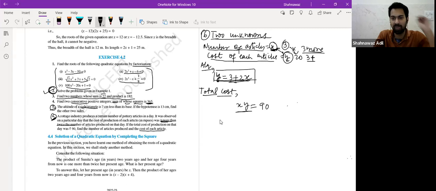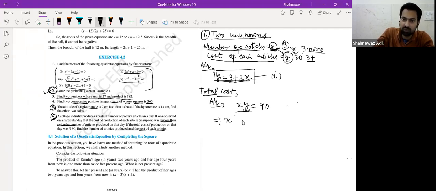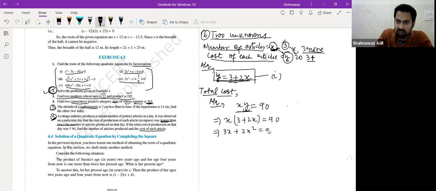This is the total cost, and we know the value of Y from here. So we can put that value. Then X into this would be X times (3 plus 2X), which is 90. So 3x plus 2x square is 90.